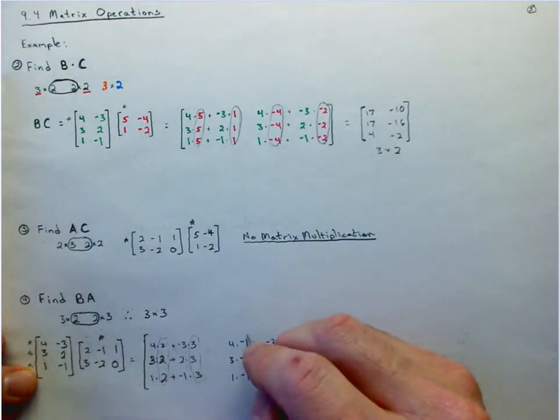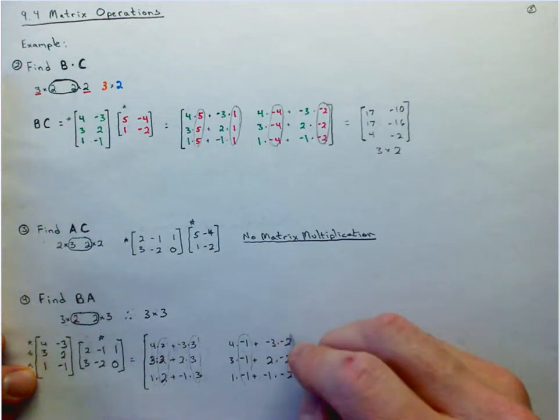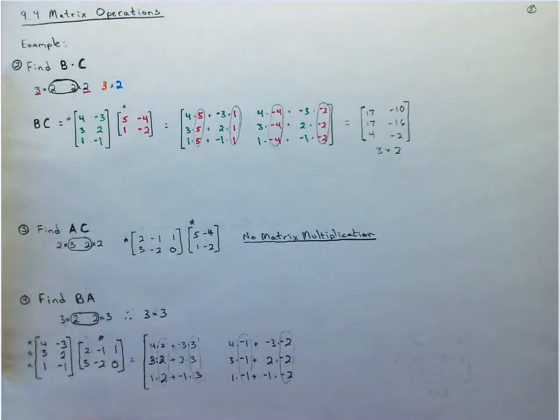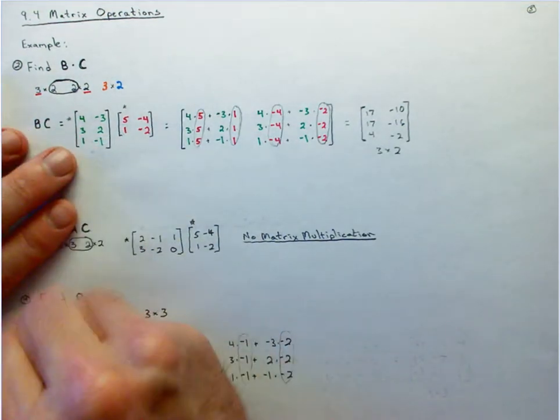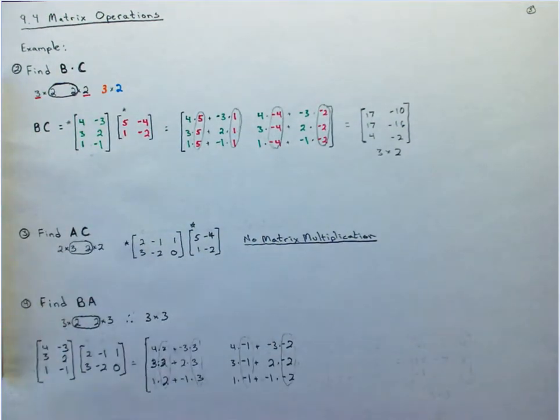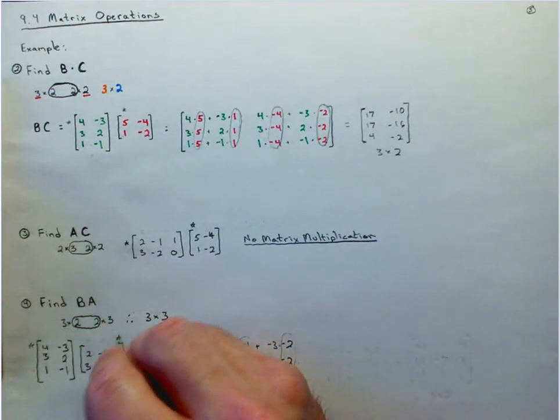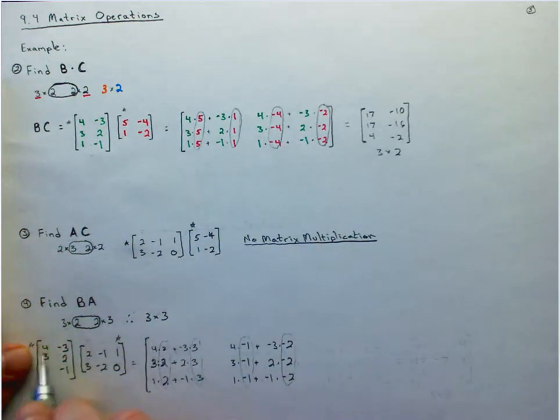Again, notice my pattern. Now I'm on my last column. I'm going to start again with my first row, but I'm on my last column. I'm almost done. So row 4 times 1 and a negative 3 times 0.